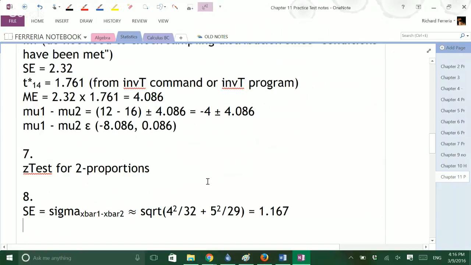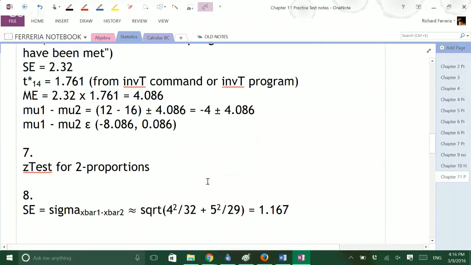Test statistic is going to be a t with how many degrees of freedom here should we use? We're seeing N1 is 32 and N2 is 29. 28, yeah.